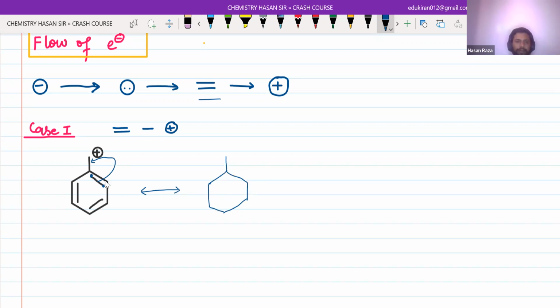Now you can see there is a single bond. This double bond, or pi electron, will be transferred here, and the positive charge comes at this carbon since it loses its electron, and the rest part will be as it is. Don't do anything with the rest part. Now this will move to this part, and you can see this double bond will be like this, and the positive charge will be again here.